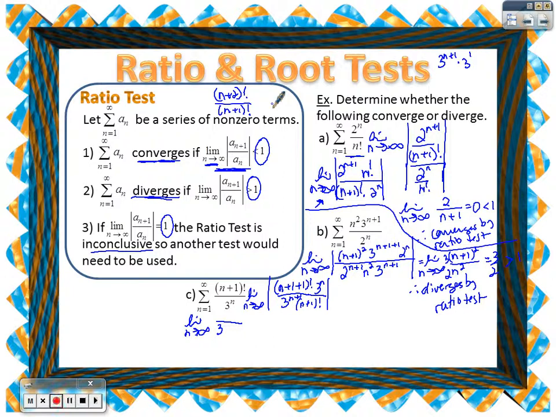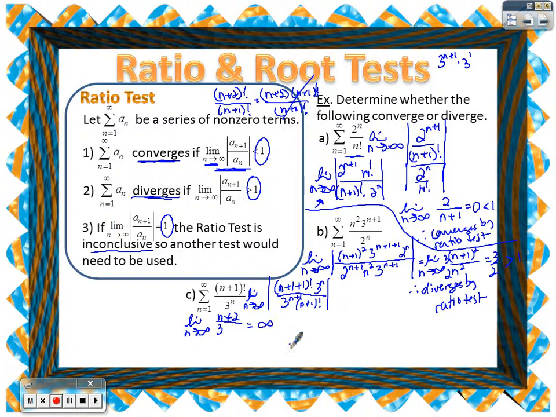So when I rewrite it, I would rewrite it as n plus 2 times n plus 1 factorial over n plus 1 factorial. Those go away, and I'm left with the n plus 2 in the numerator. Okay, what does that limit tend to? Infinity.